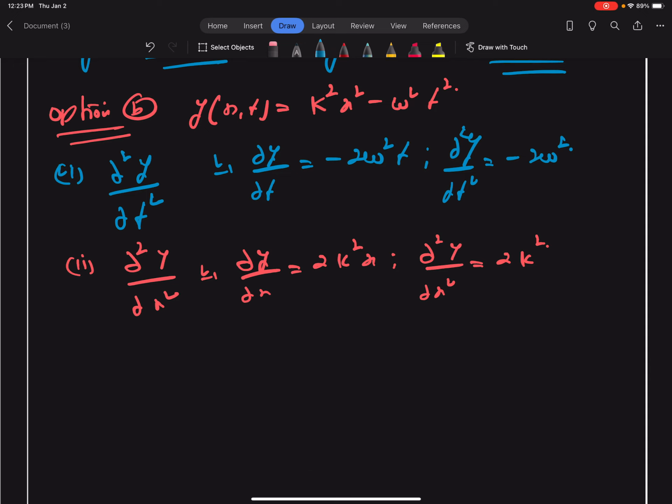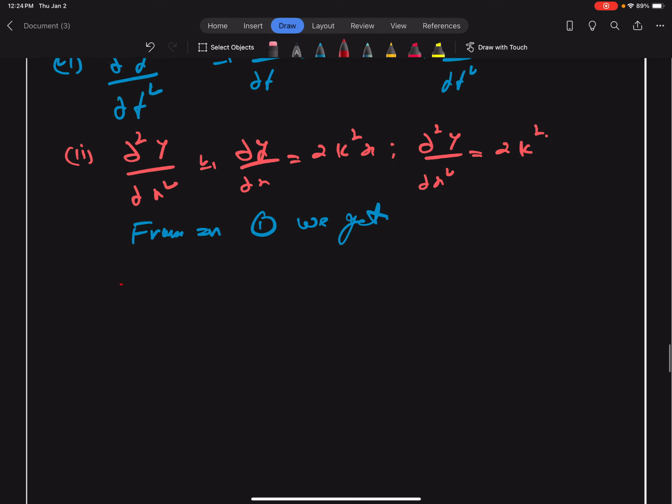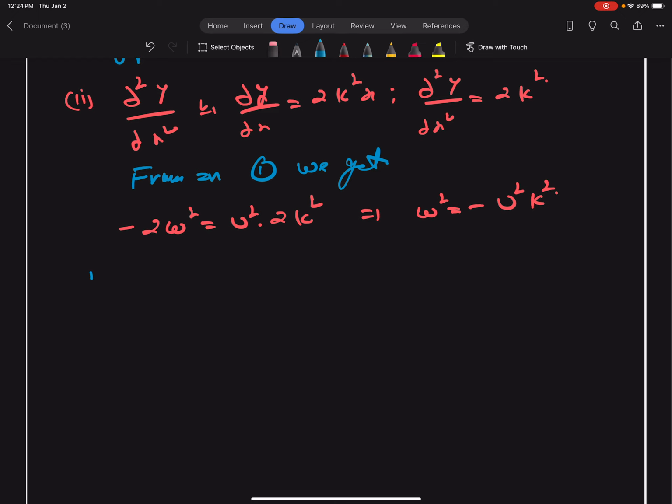Now once again using equation 1, we get minus 2 omega square is equal to v square multiplied by 2k square, which gives us that omega square is equal to minus v square k square. Therefore, we also know that omega square will always be greater than 0.